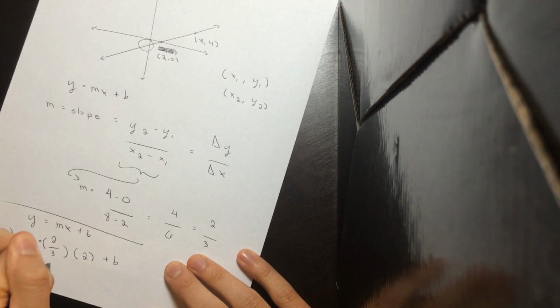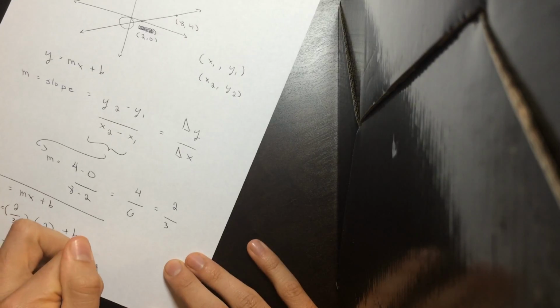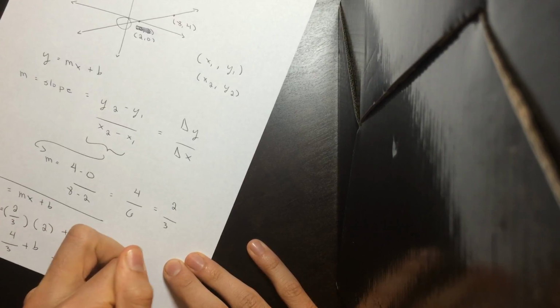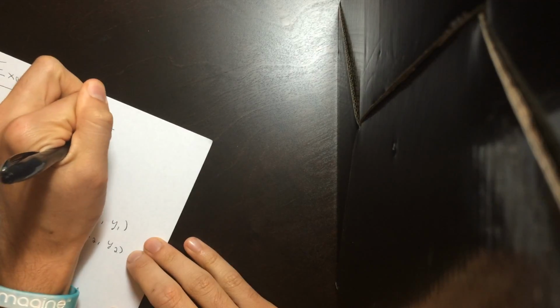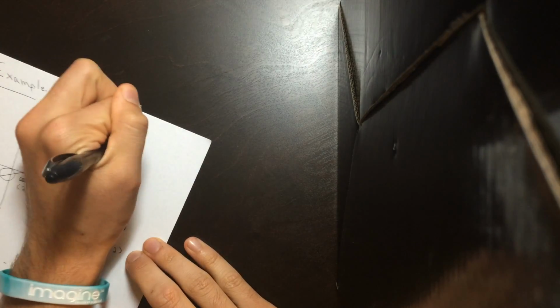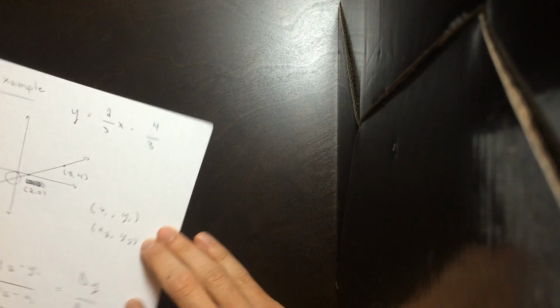Do some math, we get 4 over 3 plus b, subtract it over, and we get b is equal to negative 4 over 3. So with a b value and an m value, we can write the equation of this line given 2 points, and that is y is equal to 2/3 x minus 4/3. Whoops, forgot my x.